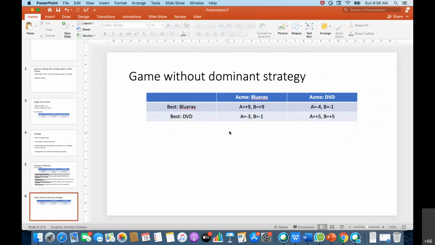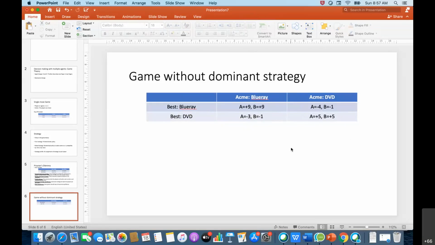Otherwise, they are going to lose. If both of them agree on Blu-ray, they are going to gain +9. If both agree on DVD, they are going to gain +5. Otherwise, they are going to lose. Therefore, there is no dominant strategy in this game for any one of them.